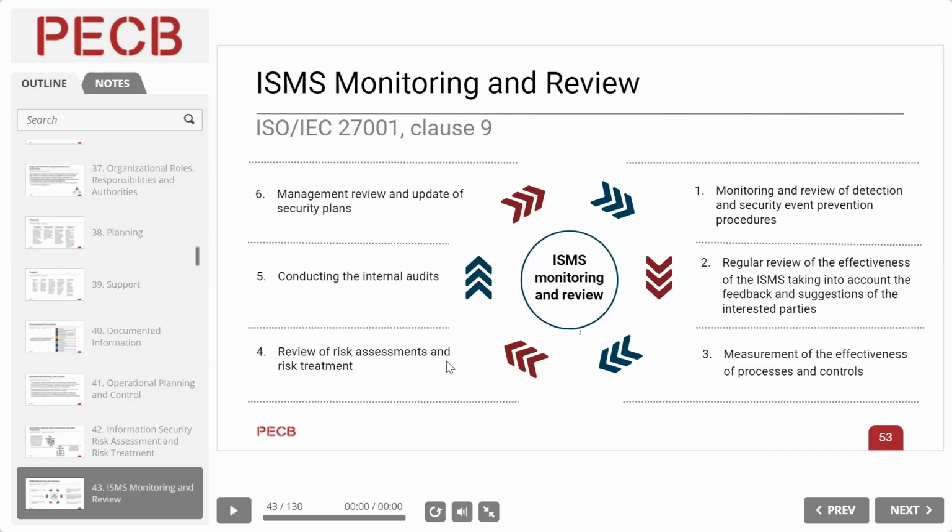Then 5, conducting the internal audits. And then 6, management review and update of the security plans.